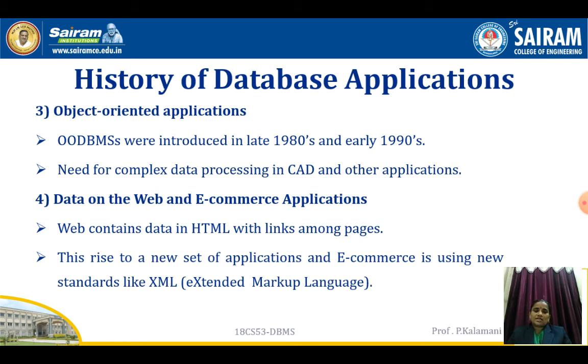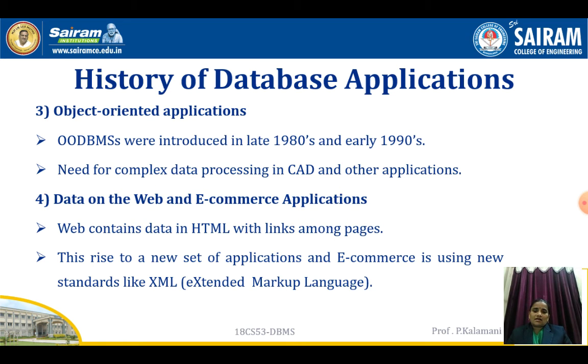These concepts are incorporated in the object oriented data model. It was introduced in the late 1980s and 1990s, when object oriented programming languages were introduced. It is used mainly for complex data processing in CAD and other applications, to represent complex relationships.